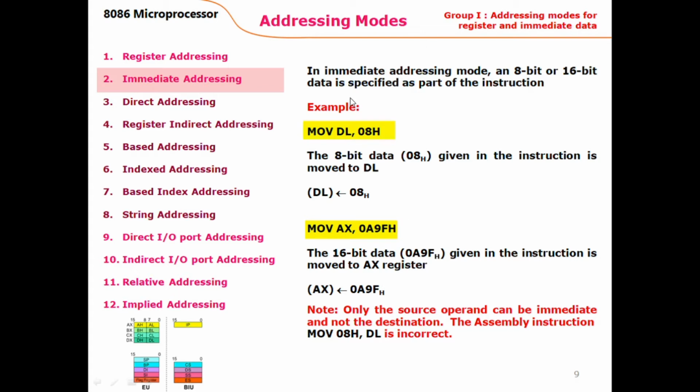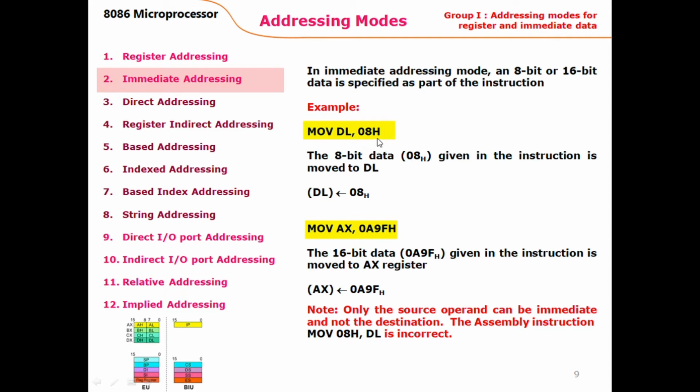For example, MOV DL, 08H. This instruction moves the 8-bit immediate data given here to the 8-bit register DL. That is, it stores the 08H, which is an immediate 8-bit value, in the 8-bit DL register.